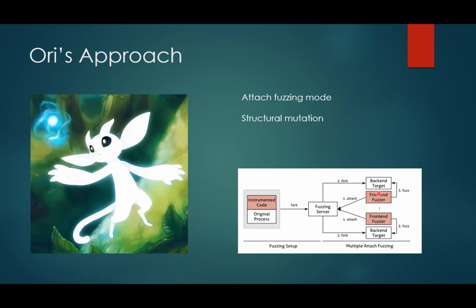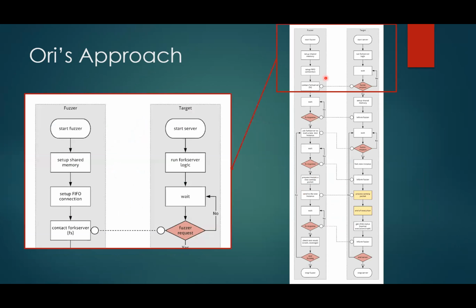So now let's look into the detail of how the fuzzer communicates with the test target. This is the workflow of ORI. I won't introduce every detail of this graph here. I will briefly introduce some key steps in the workflow.